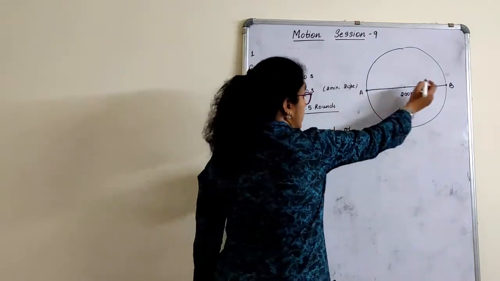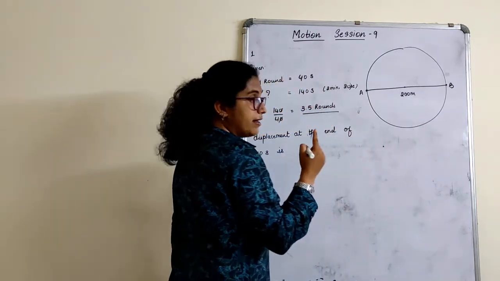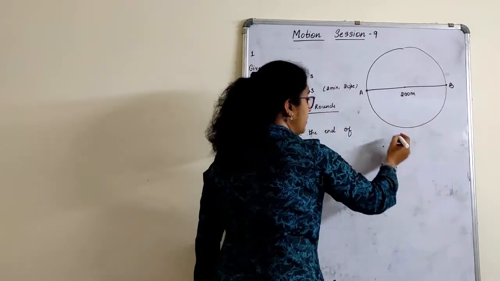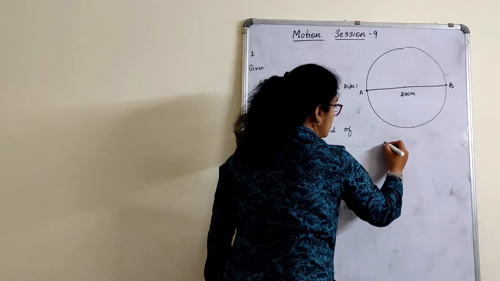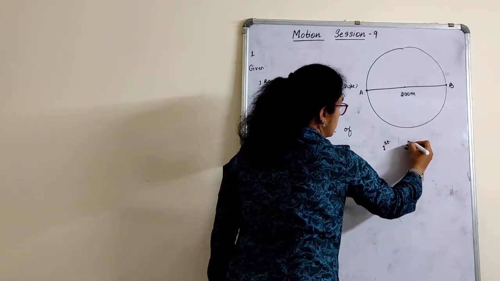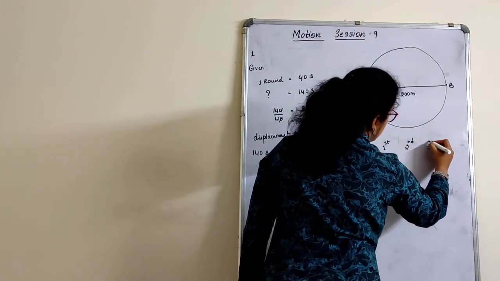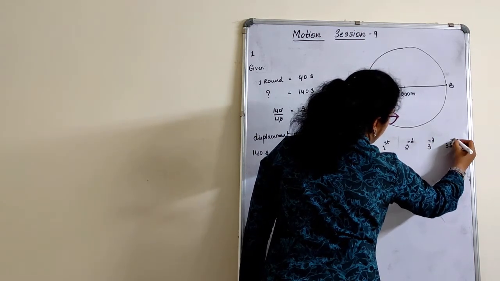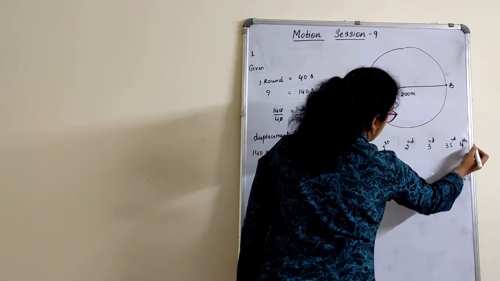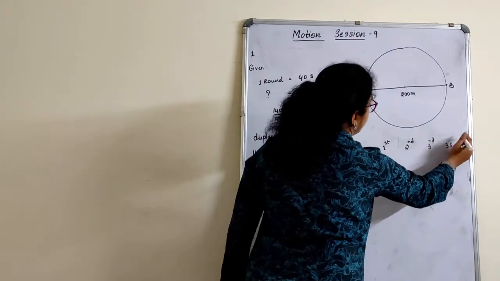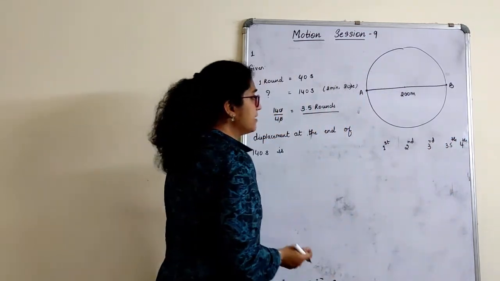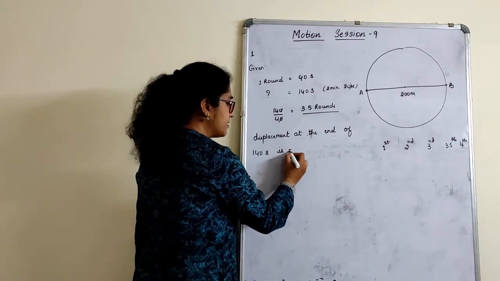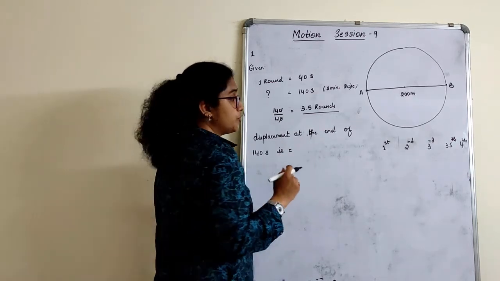Now children, it is A to B. Now one round, first round I will write here. So this is first round, this is second round, this is third round, this is 3.5 round and this is fourth round. Okay, just understand, we write the direct answer here, but that working you all should know.